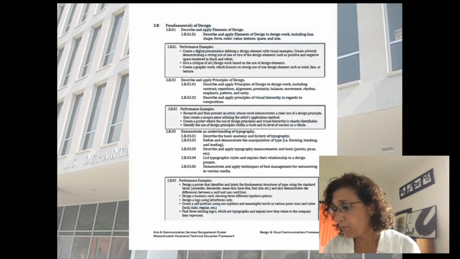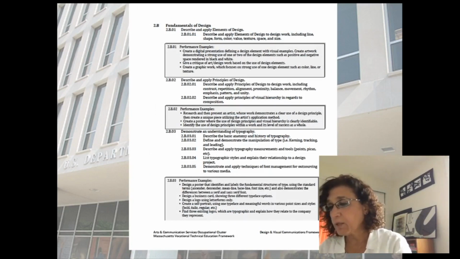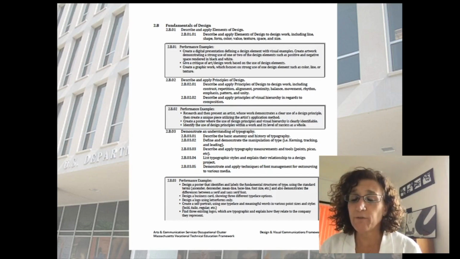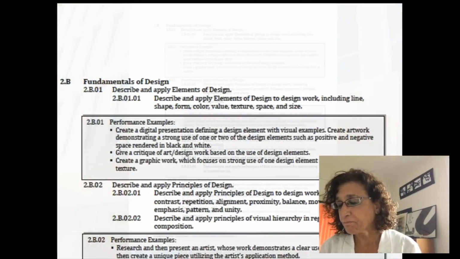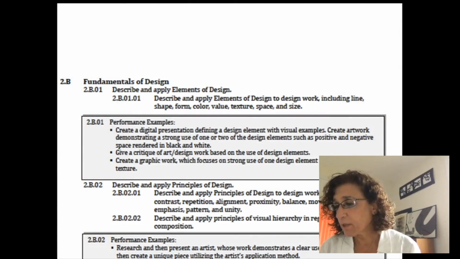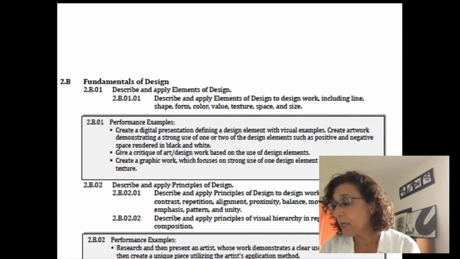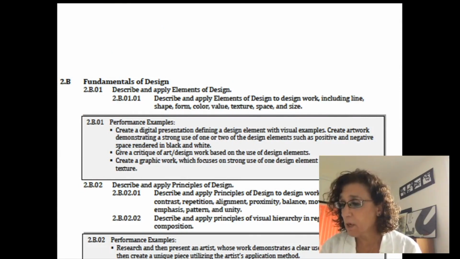Strand 2 is specific for DVC, and it outlines competencies that are matched with performance examples as an assessment tool. I know it looks awful, but it's really not that bad. The typographic competencies in Strand 2 are pretty specific in terms of anatomy, history, measurements, manipulation, but it's also very broad when it comes to style and relationship when used in a design project.